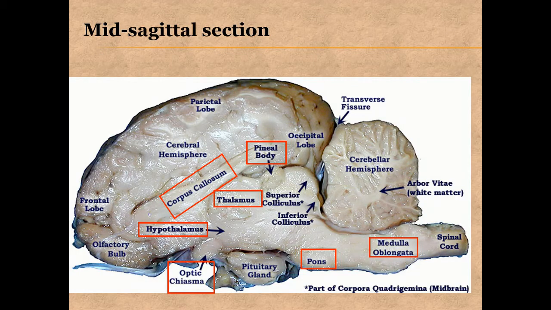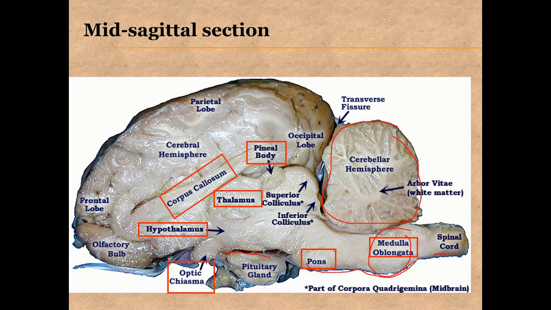And so, once a mid-sagittal section has been established, you have the cerebral hemisphere, and this beautiful white matter is the arbor vitae. Of course, the spinal cord, the medulla oblongata is the first bump, and then you have the pons.